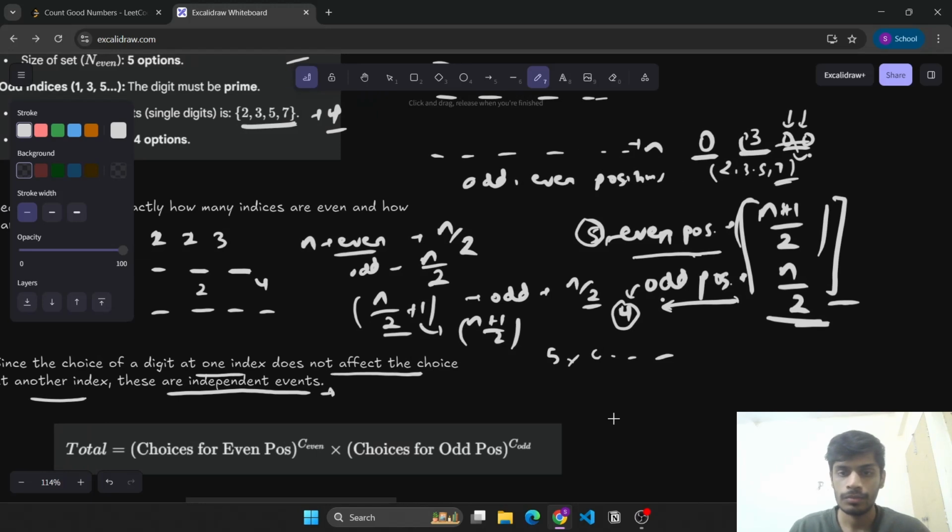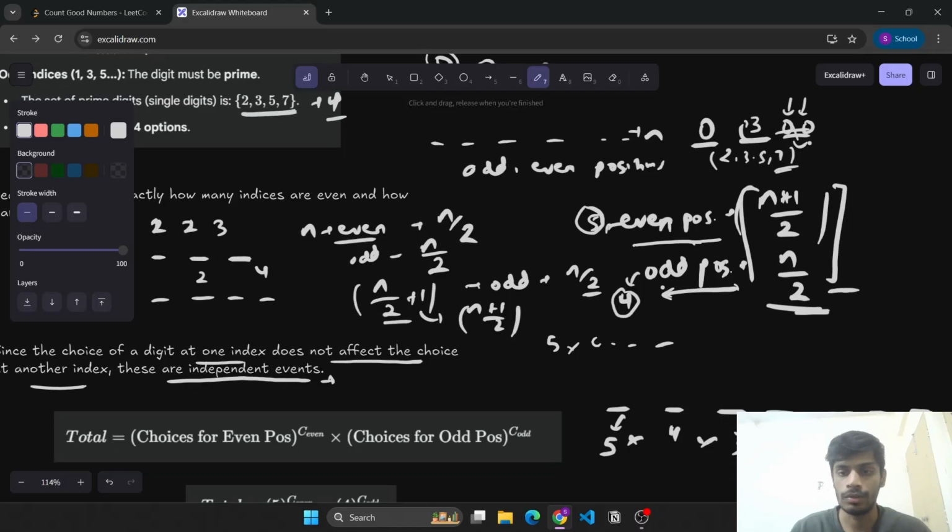So we can see it in the form of permutation and combination. Here we have 5 choices, here 5, here 5. At all even positions we have 5 choices, and here we have 4 choices, 4 choices, 4 choices. We'll just multiply all these possible ways to get the number of digit strings.